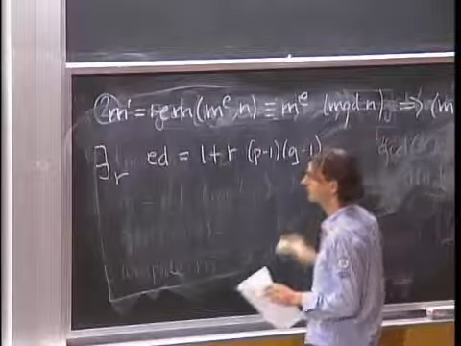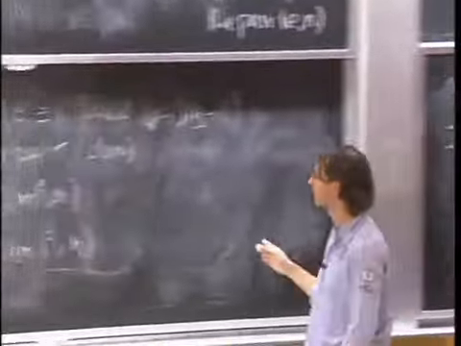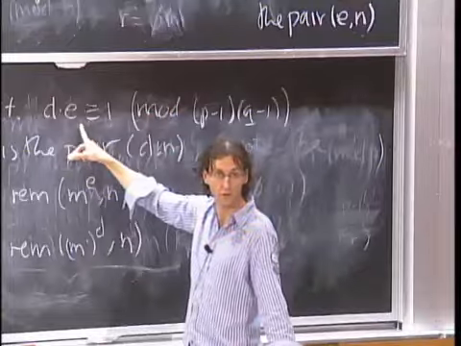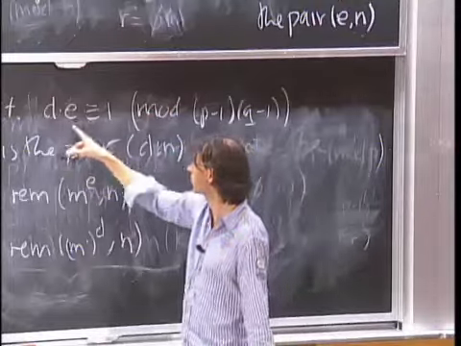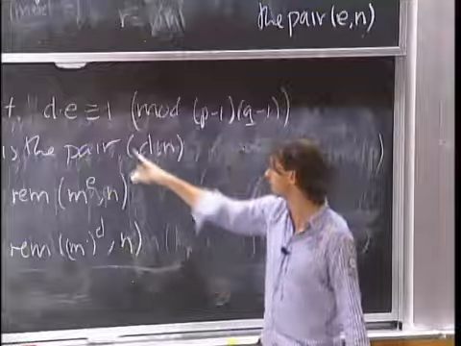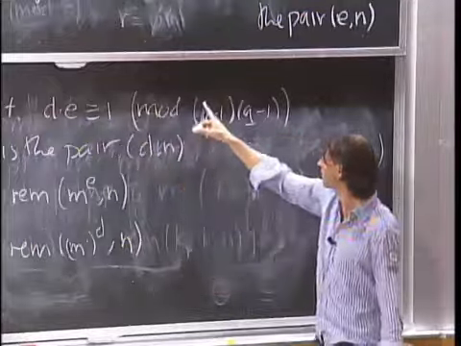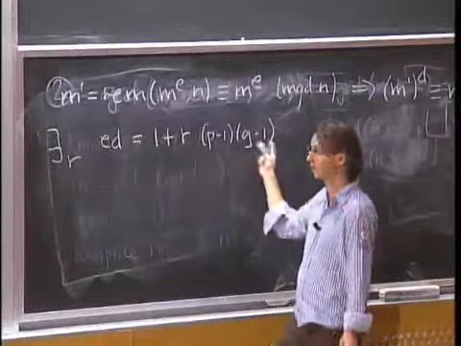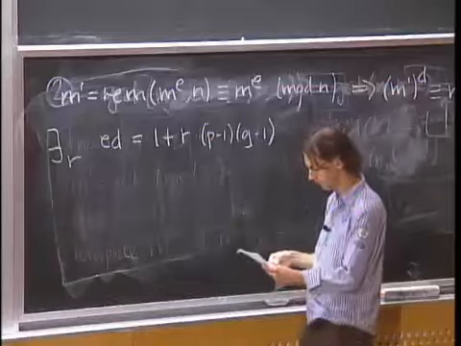What I used here is this over here. By the definition of congruency, I know that the difference between those two, d times e and 1, is divisible by this product. So I know that there exists an integer such that e times d equals 1 plus a multiple of that product. That's how it works.